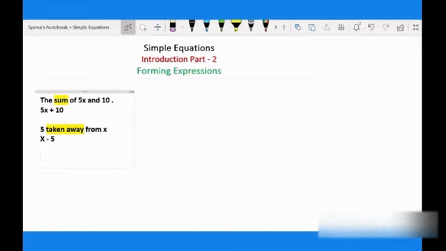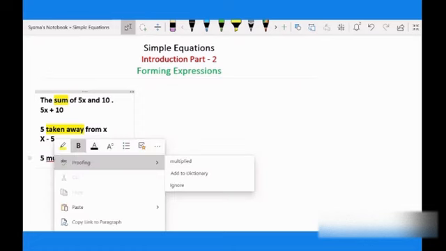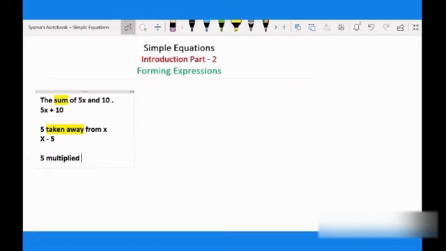Now we will look into multiplication. If they give it in multiplication, you will easily understand the statements because they will simply give it as 5 multiplied by z.